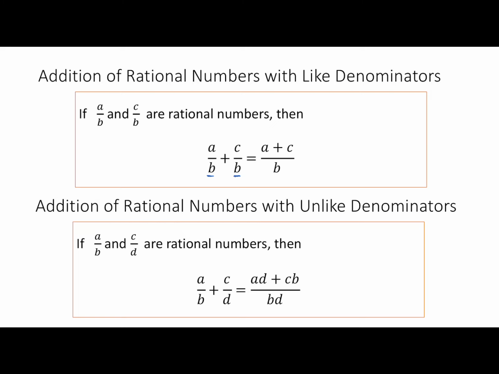So notice if I were to rewrite this with a common denominator, I'm going to do it off here to the left. Well, the easiest common denominator here is to choose BD, right? And so I would need to multiply the first fraction by D on top and bottom, and the second fraction by B on top and bottom. And now you're back up to the top rule, right?